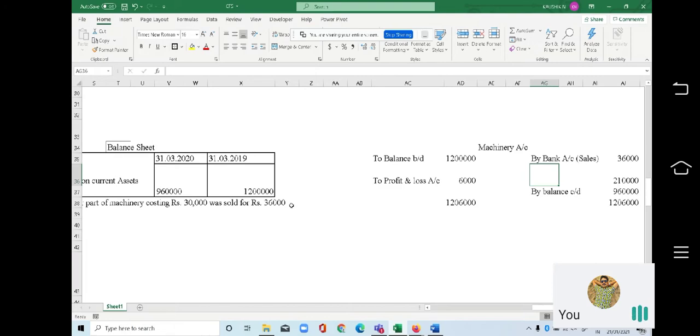So the balancing figure, that is 2,10,000, we will name it as by depreciation account. What is the journal entry for charging depreciation? Tell me. Depreciation on machinery, what is the journal entry for that?